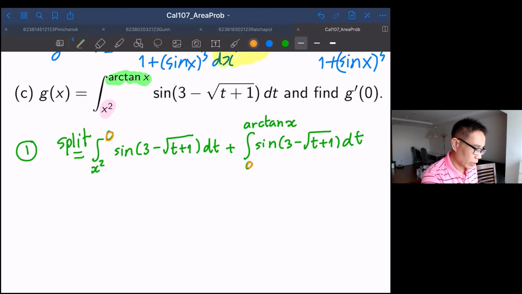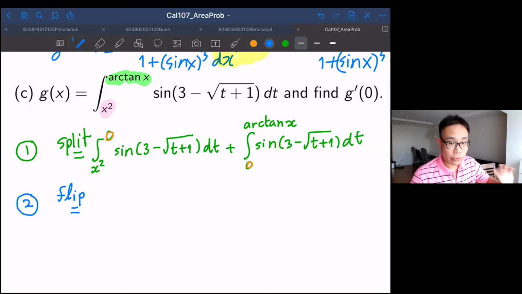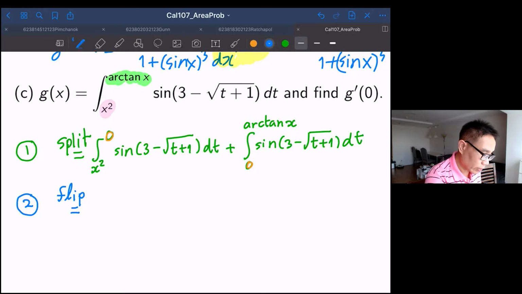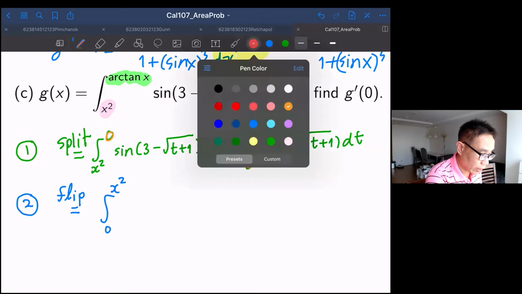Another step is you flip this one. This is your second step. So this integral will be from 0 to x squared together with the negative sign.